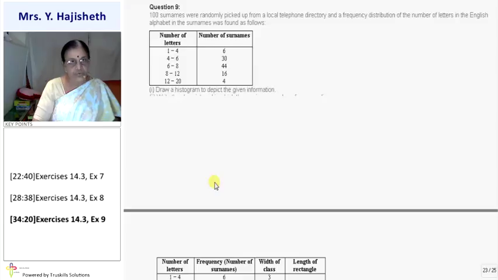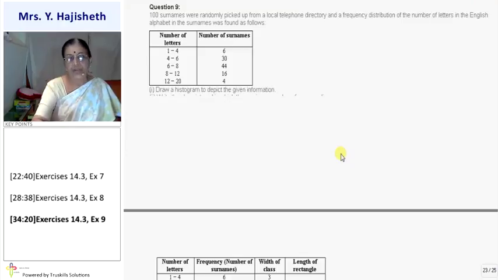Number of letters 1 to 4, 1 to 4 letter वाले surname, number of surname कितनी निकली? 6. 4 to 6 में 30, 6 to 8 में 44, 8 to 12 में 16 and 12 to 20 में 4. Draw a histogram to depict the given information and write the class interval in which the maximum number of surnames lies. Here also see data is given.